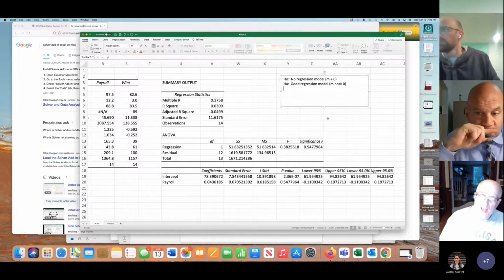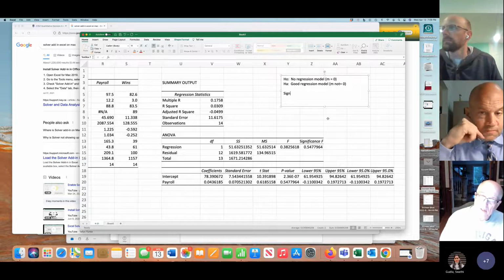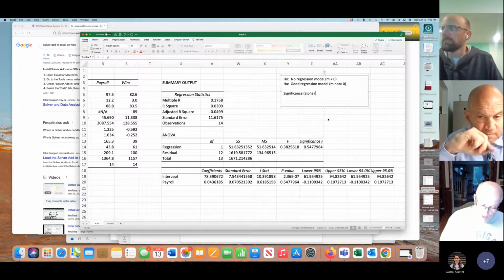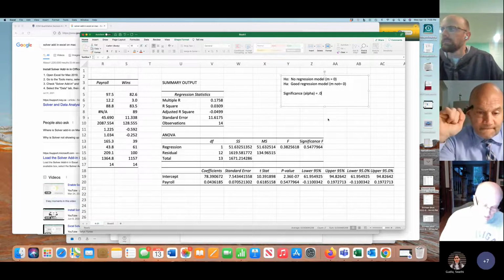And we do this at a significance, which is an alpha value, most statisticians call it, of 0.05.